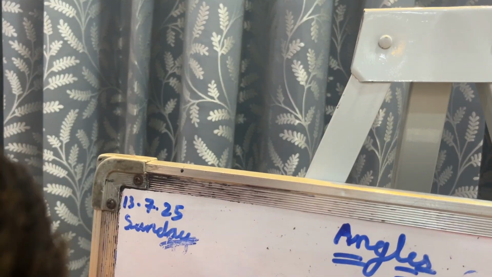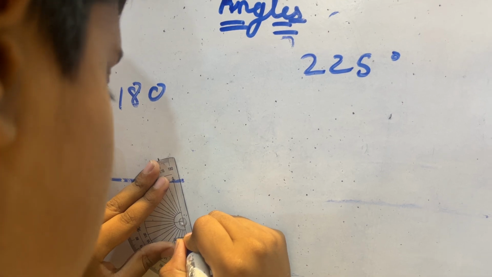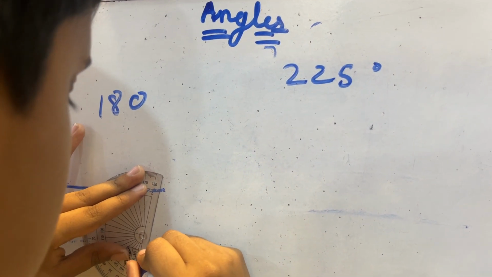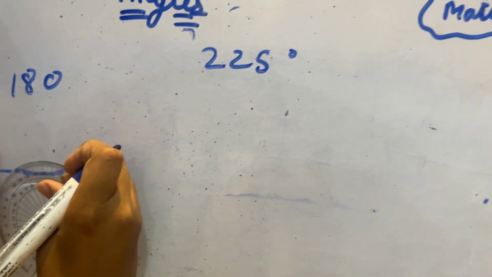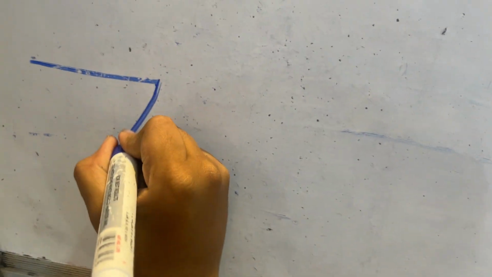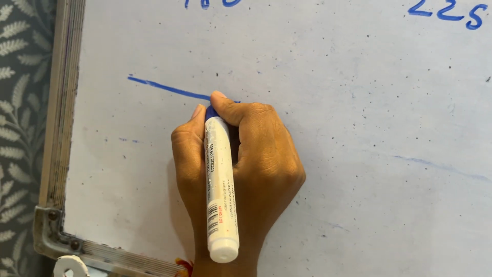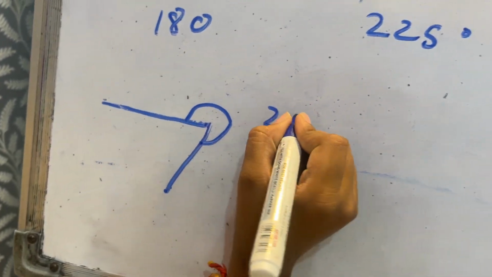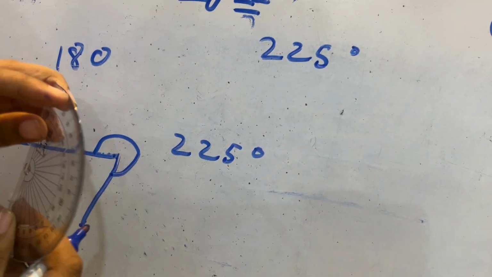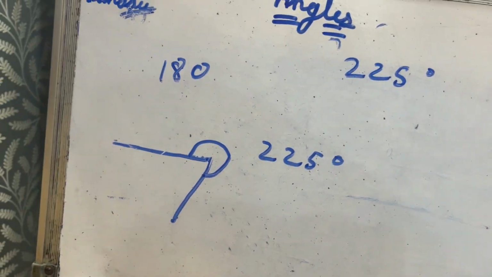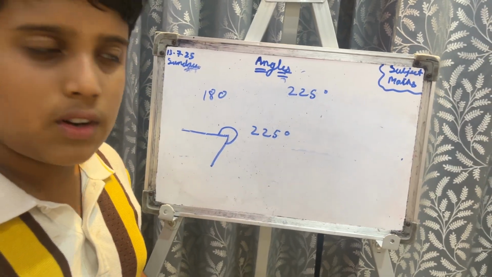Now you will make it. Yes, it's exact. The 225 degree angle is here. I have measured it, and it's 225 degree. I have measured it plus this and plus this. Okay, so it becomes the exact angle.